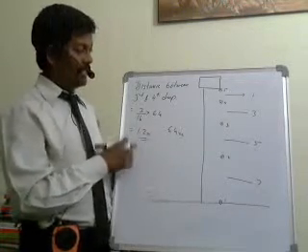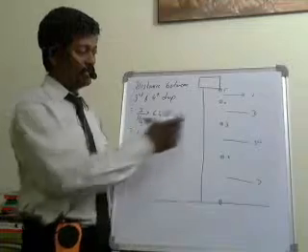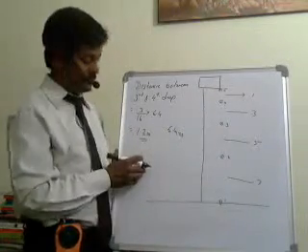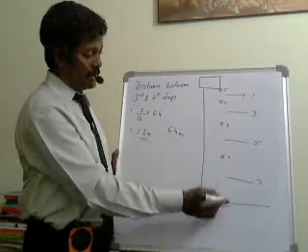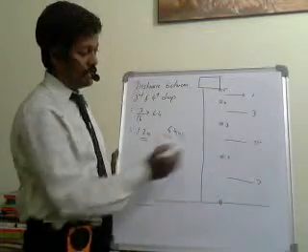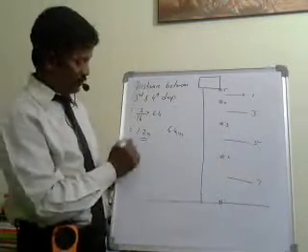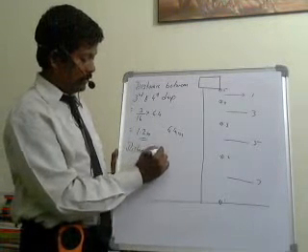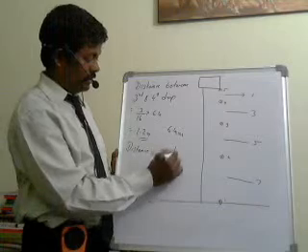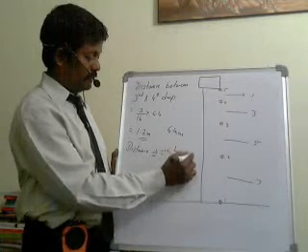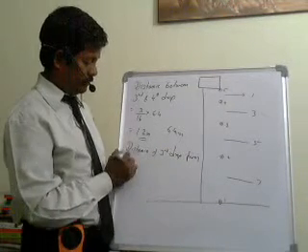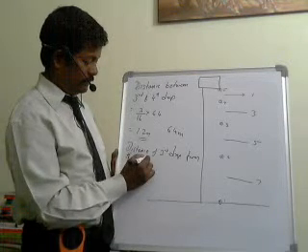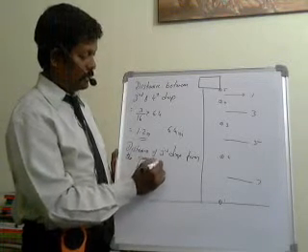Okay. Sometimes they may ask you, what is the distance of the third drop from the ground? So third drop from the ground, how many parts do we have? 7 plus 5 here, 12 parts. So the distance of the third drop from the ground is equal to how much?